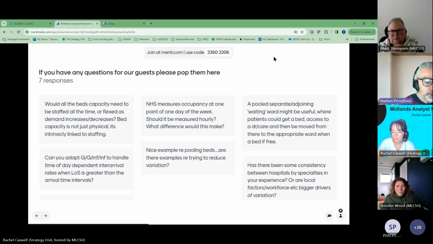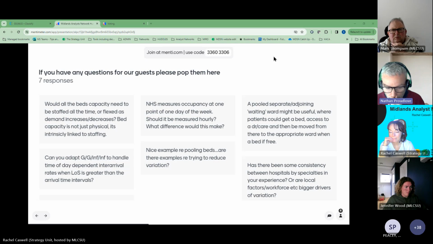Trying to reduce variation in arrivals takes us back to thinking about how we work. GPs refer in bunches, perhaps following a morning set of appointments. Can we reduce that? You've probably seen the NHS Quicker project that they've done in the Southwest, where if you need urgent treatment, you look on your app and it adds together the waiting time in all of the services around you, plus the travel time from Google Maps.